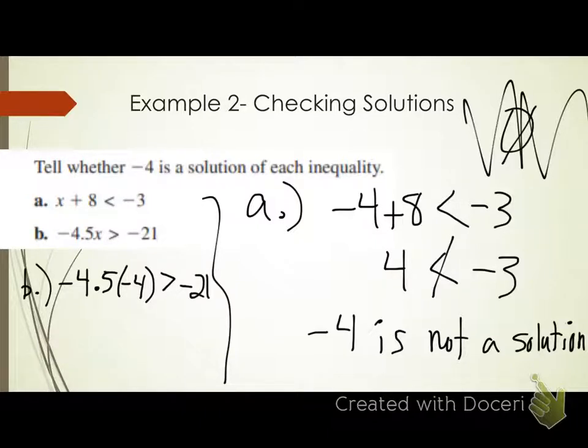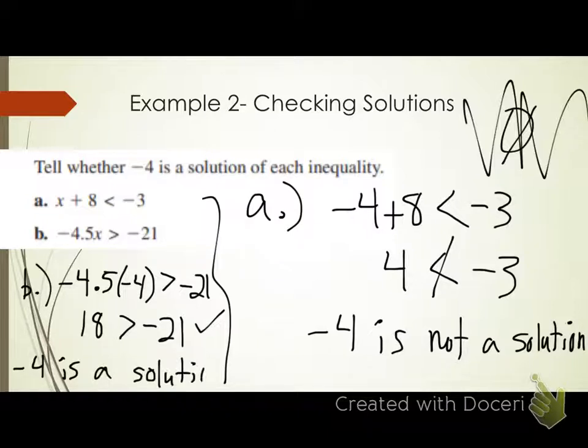Negative 4.5 times negative 4 gives me 18. Can I do any more simplifying on either side? No. So let's look at the statement. 18 is greater than negative 21. Is that true or false? True. So is negative 4 a solution here? Yes. So you'd say negative 4 is a solution. And you're done.